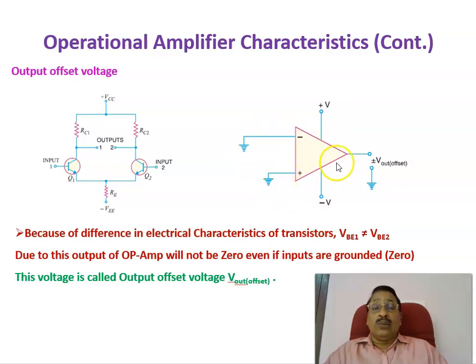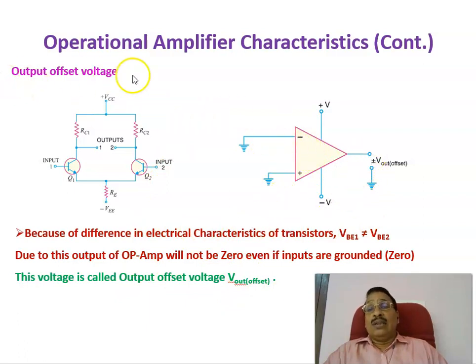The voltage you get at the output even when the inputs are grounded, we call the output offset voltage. That is because of the difference in base to emitter voltage. Even though the transistors have the same characteristics, there is a slight difference in VBE1 and VBE2 that causes an output voltage even when the inputs are grounded.